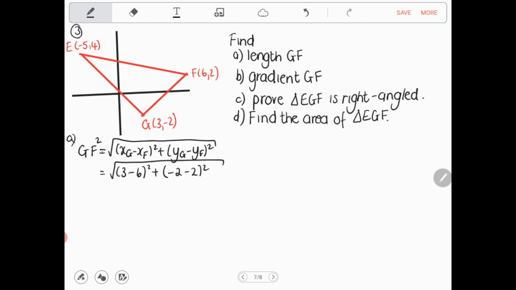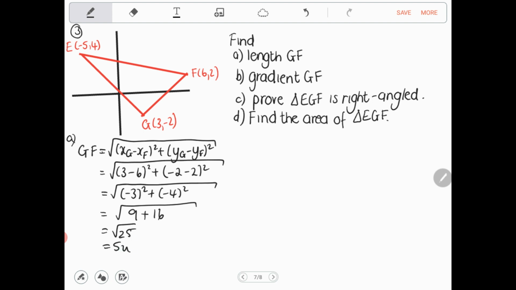Okay, so GF squared is going to be -3 squared plus -4 squared. And we can see now it's our 3, 4, 5 triangle, but we'll carry on. Square root of 25, which is 5 units. So GF is going to be 5 units. Okay, now they want the gradient of GF.